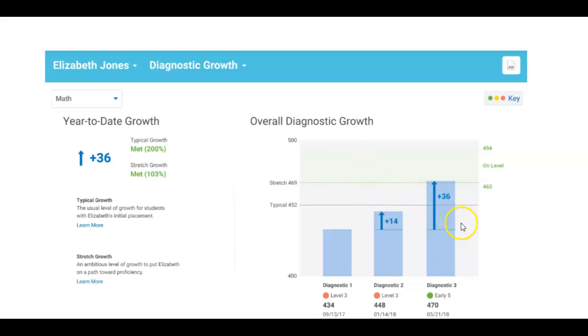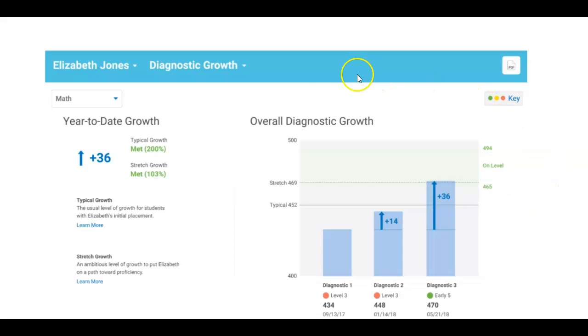By the end of the year, Elizabeth Jones has not only met her typical growth, but she has managed to exceed her stretch growth as well. And she has ended the year on grade level.